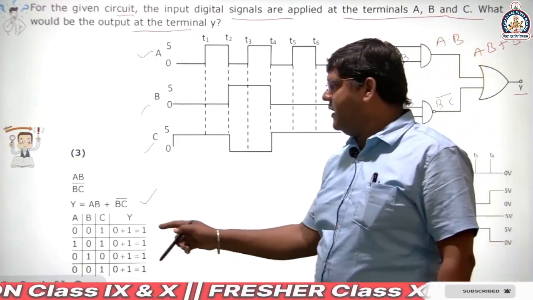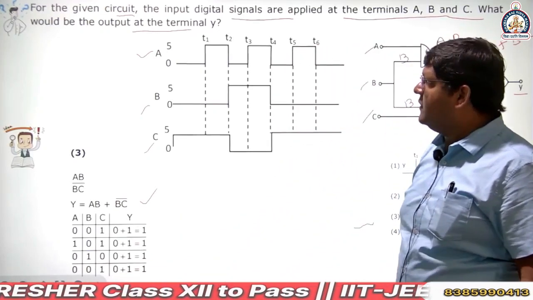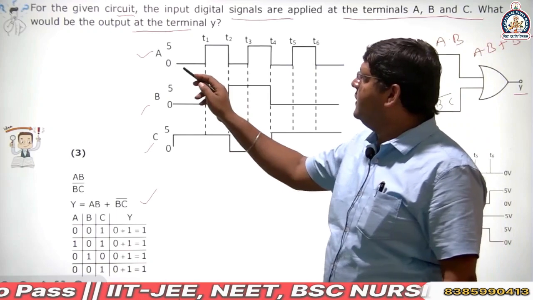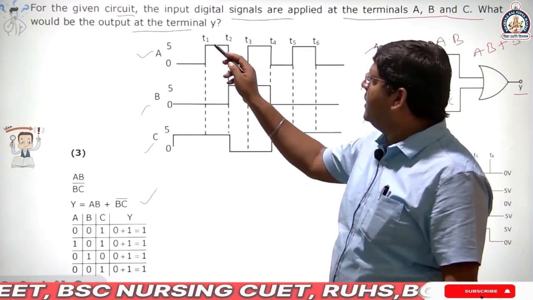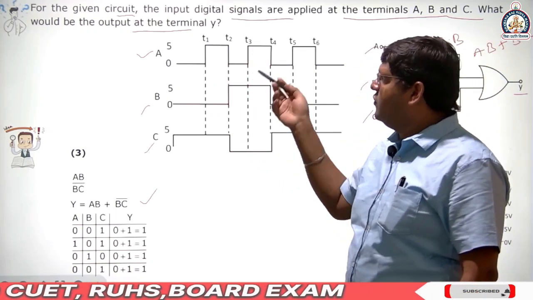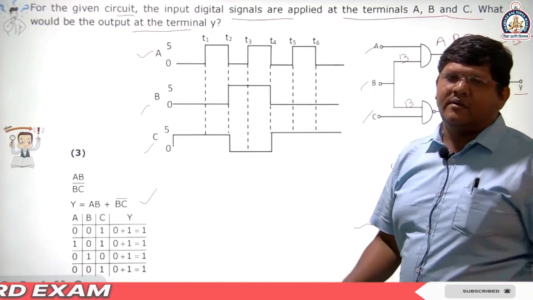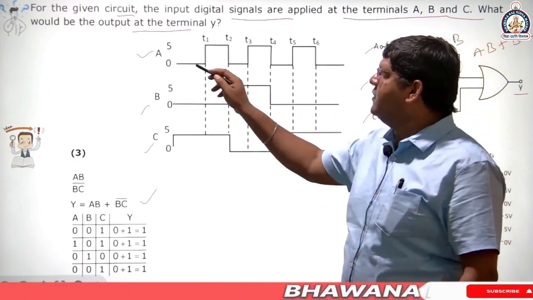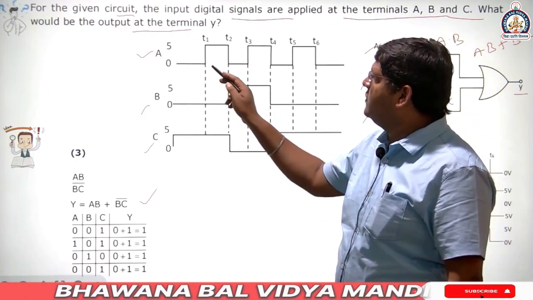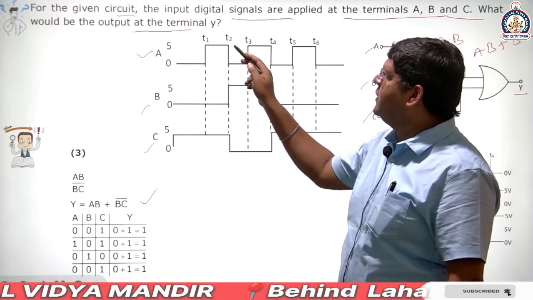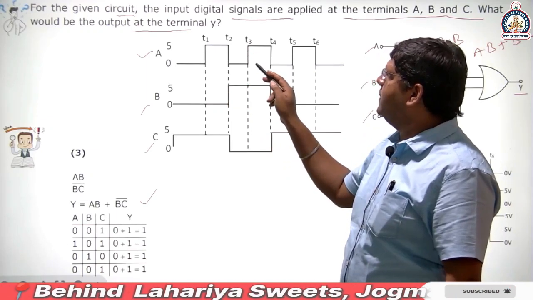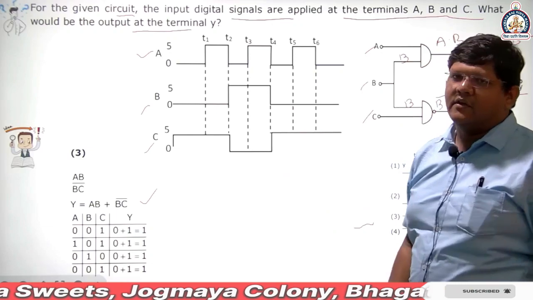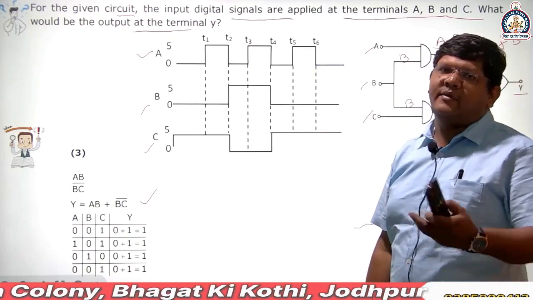Now we are provided with the values as this. Firstly, the first value is 0, then up and 0. So from this type of graph, we can say this is 0. From T1 to T2 it is 0, T2 to T3 high value, T3 to T4 low, so low means 0 and high means 1.